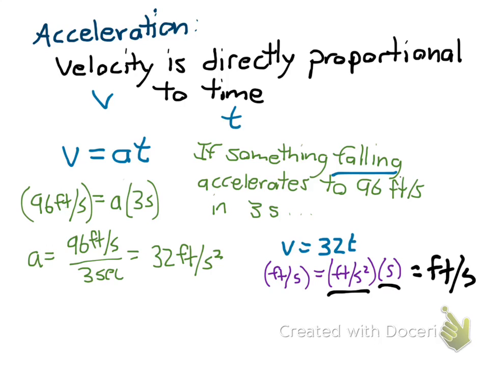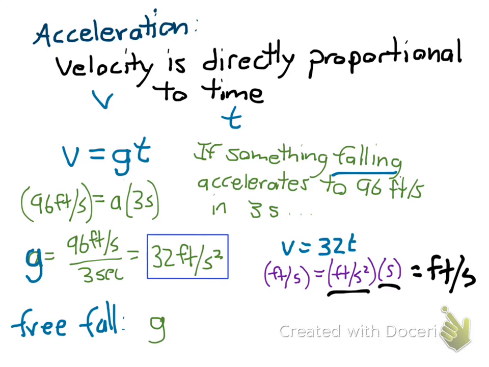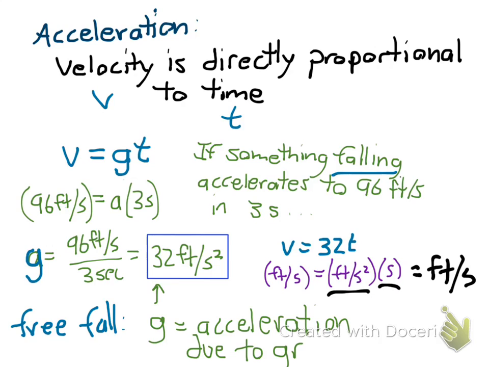So if we talk about something falling, or we'll call it free fall, we use the variable g to denote the acceleration due to gravity. This is actually an important variable we'll continue to use.